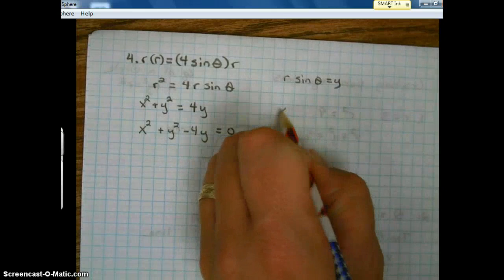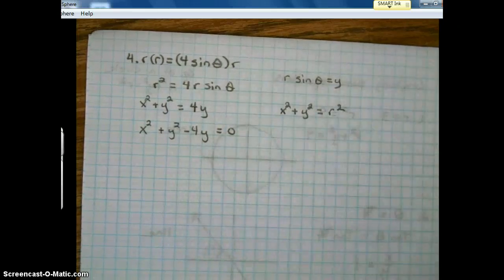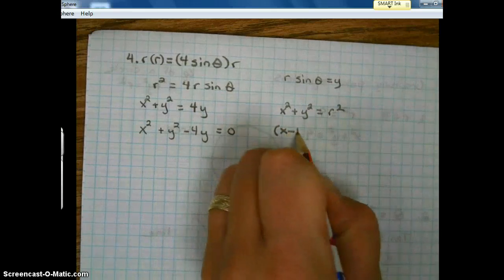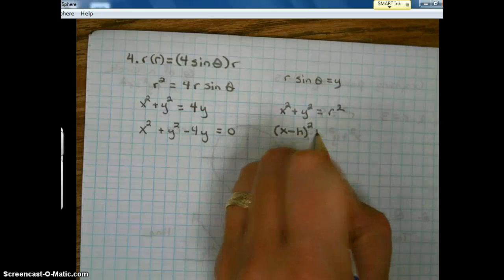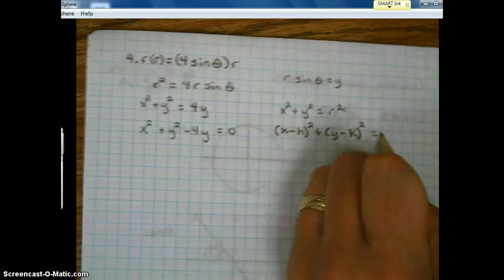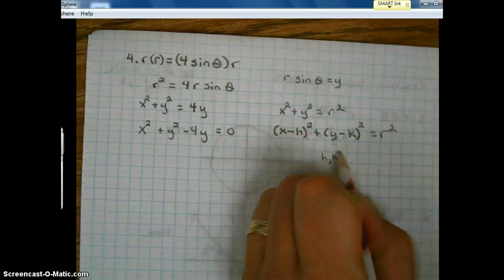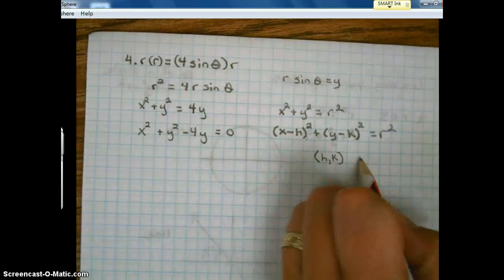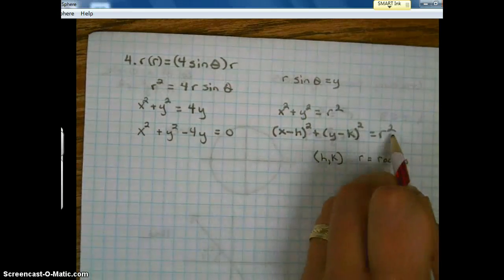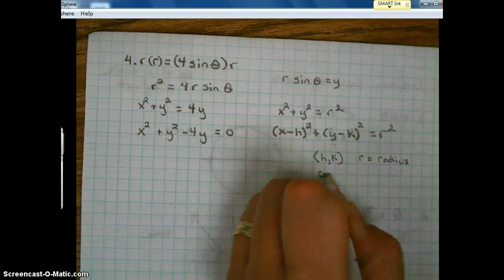Recall, this is the basic circle equation, but when there's a parameter change, it goes like this, if you'll remember, where h and k represent the center of your circle, and r is the radius. Not r squared. We've got to take the square root of that number, r.